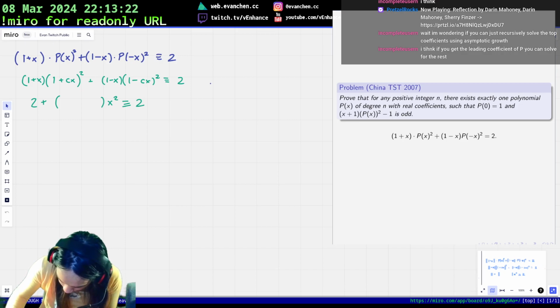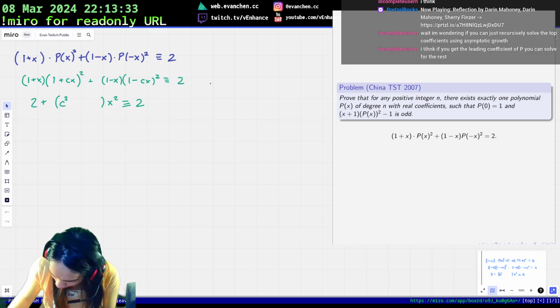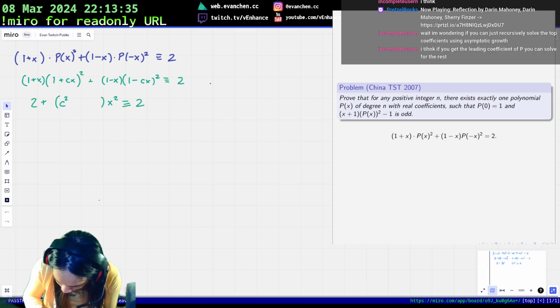And what's the x² coefficient? Like c². The fact that I'm writing c² bugs me a little bit, because, actually, this is stupid. I don't know why I'm writing it this way. This is just a factor of 2 everywhere.